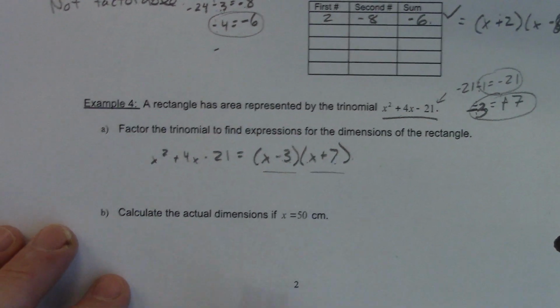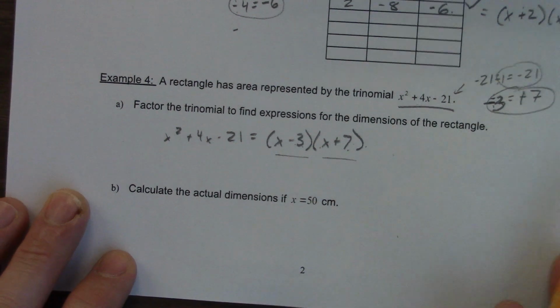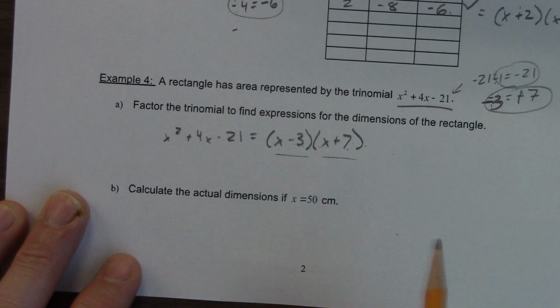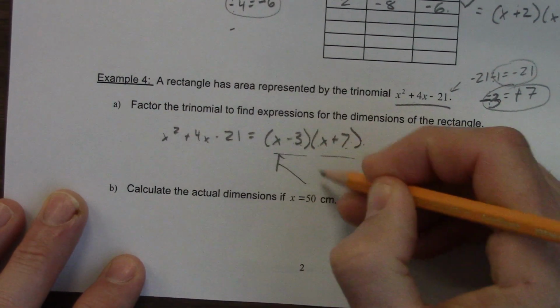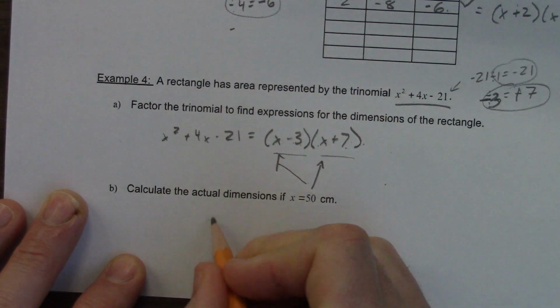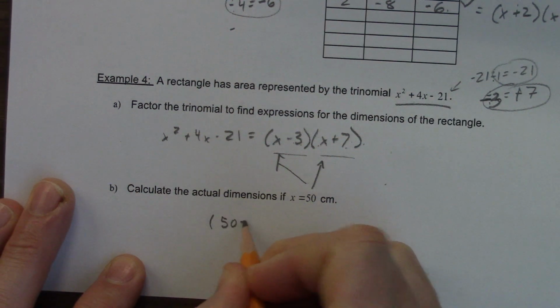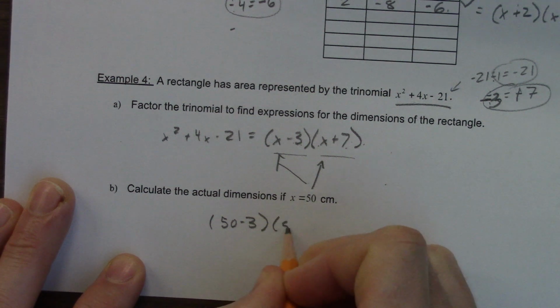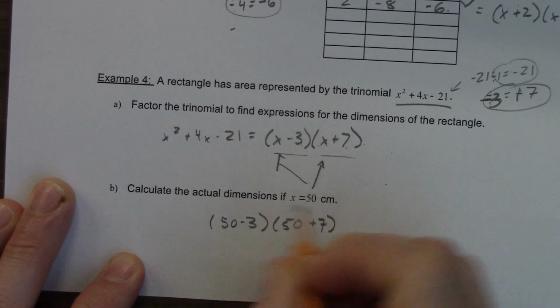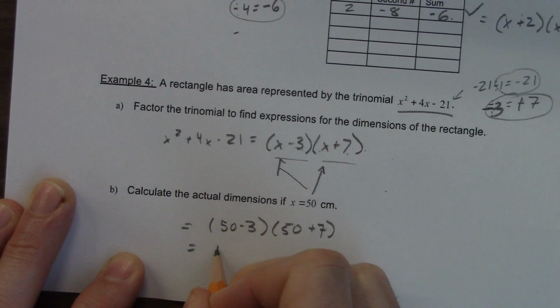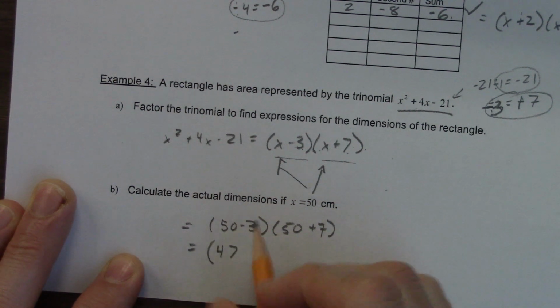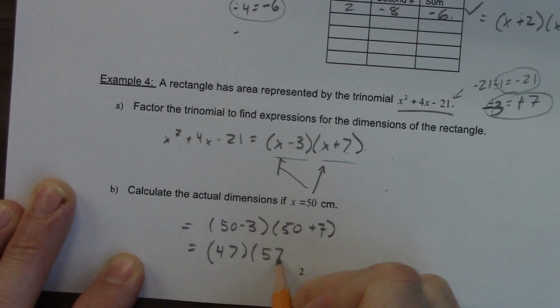Now it says calculate the actual dimensions if x is 50. So you would just sub in 50 for x. You would get 50 minus 3 and 50 plus 7. So you'd get 47 times 57.